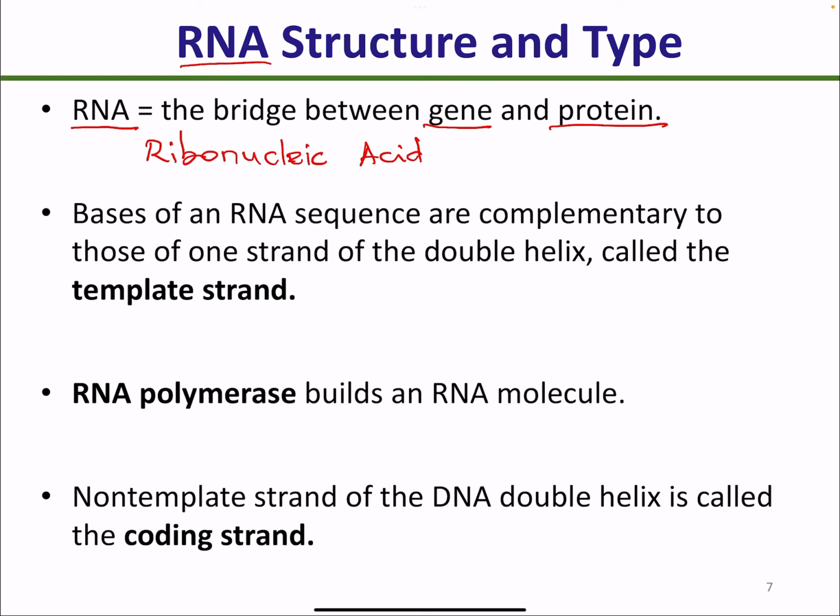So, in other words, the bases in an RNA are going to be used to produce proteins. And this information in RNA is complementary to one of the strands in the double helix DNA molecule.